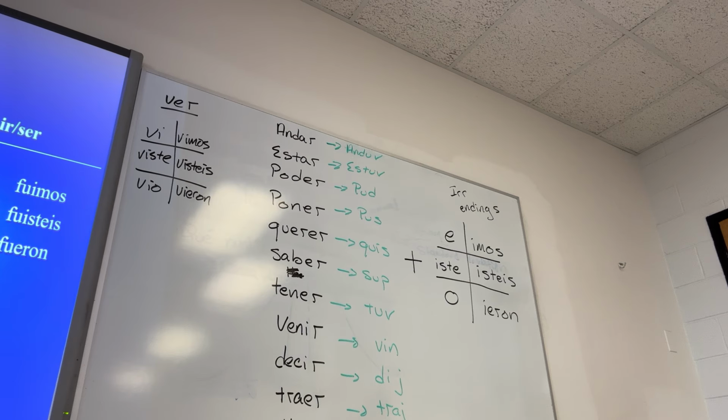Yo estuve. Okay? If you want to say, I brought my book to class, okay, traer becomes traj-, all right? And the yo form is an e, so yo traje mi libro a clase, okay?